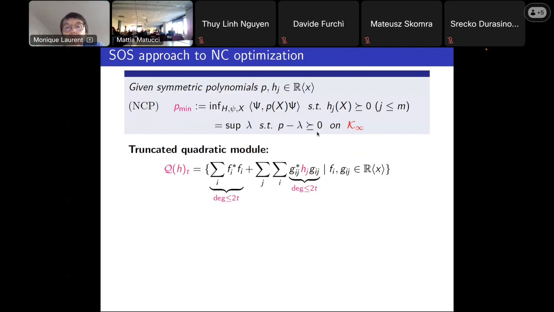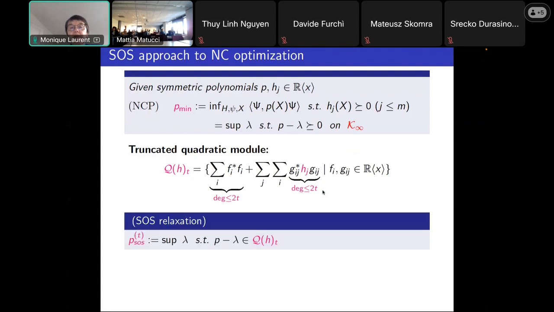In order to be able to get things that you can compute with SDP, we should truncate the quadratic module, which means that you simply restrict to the setting where the first term here has degree at most 2t, and here each term has degree at most 2t. This is a truncated quadratic module at degree 2t. And then we can define the SOS relaxation, P SOS t, which would be the largest lambda for which P minus lambda is in this truncated quadratic module.